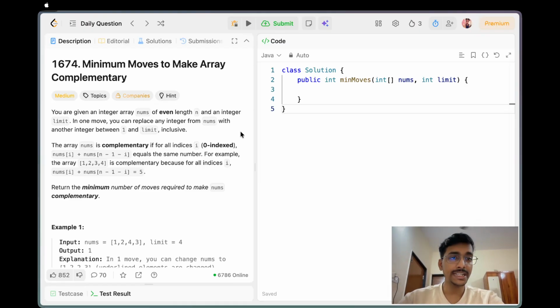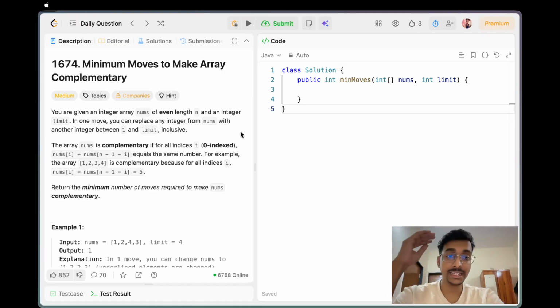You are given an integer array nums of even length and an integer limit. In one move, you can replace any integer from nums with another integer between 1 and limit. Okay, I can replace any integer of the array with a value from 1 to limit.